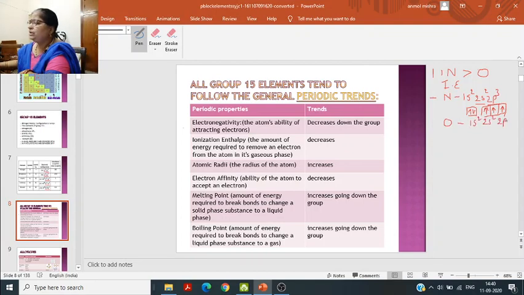For oxygen it is 2p4. So here you can see that the p orbital is not exactly half filled. One orbital has 2 electrons and the others 1 each.